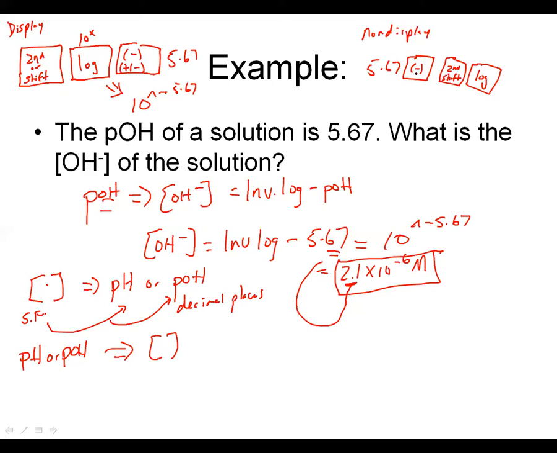If we have decimal places here, that will tell us how many significant figures we should have in our concentration. So it kind of works the same way. It's just, we're kind of going opposite in this case. So here, when you go from pH or pOH to concentration, you're going from decimal places to how many sig figs that should be. And you're doing the opposite when you go from concentration to pH.